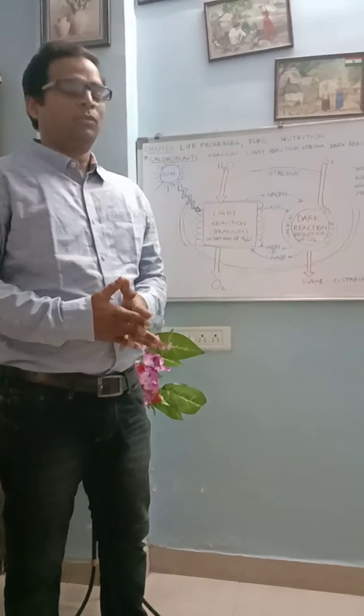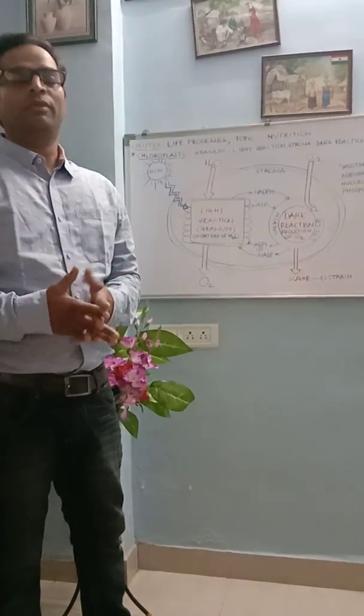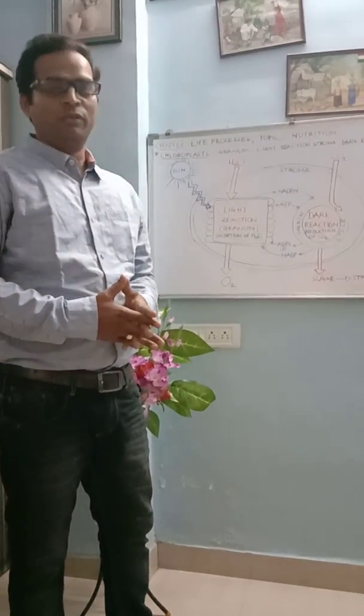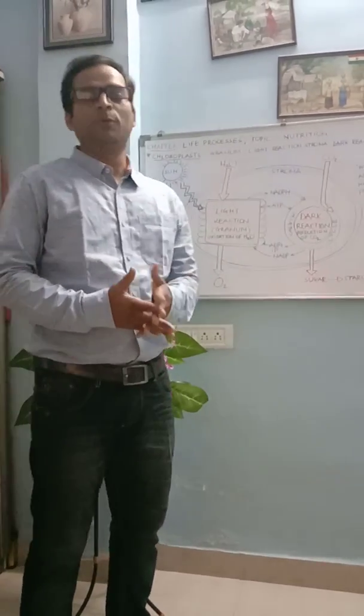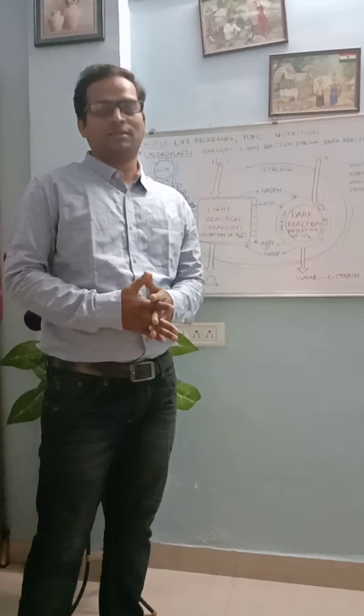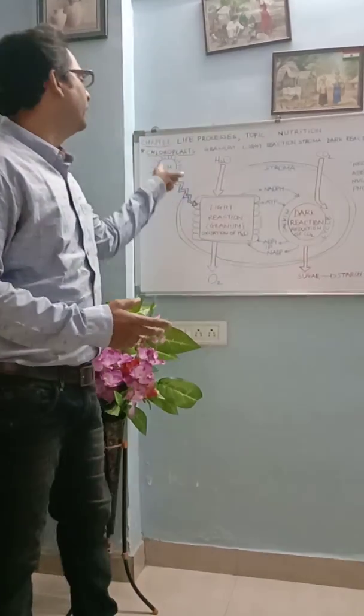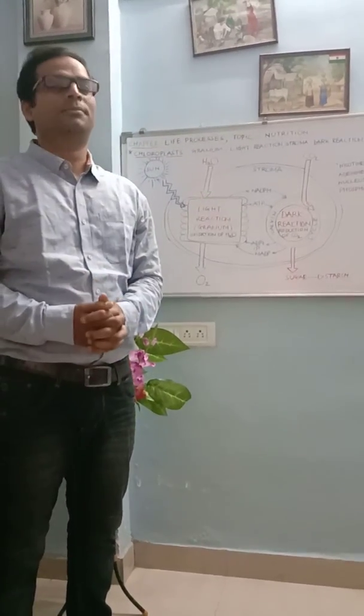And those who use sunlight for obtaining their food, we call them photoautotrophs. And this process of photosynthesis, we are going to learn in detail in today's class.